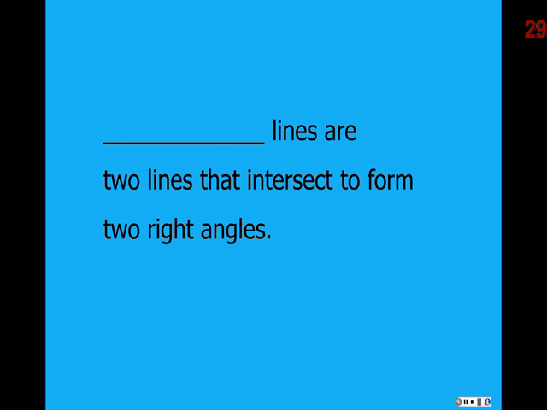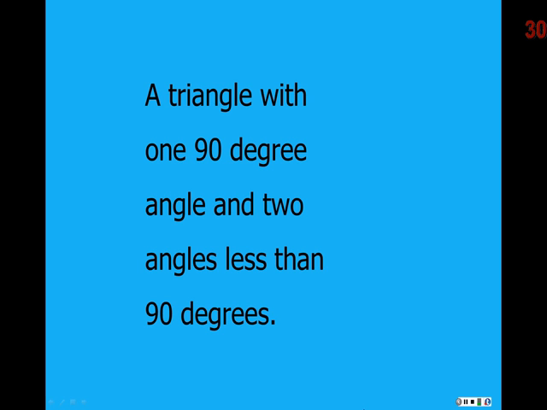Blank lines are 2 lines that intersect to form 2 right angles. What kind of lines are those? Perpendicular, okay? A triangle with one 90-degree angle and two angles that are less than 90 degrees is called a right triangle, right?